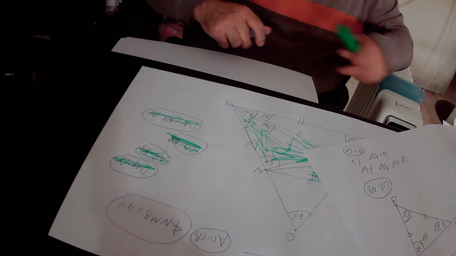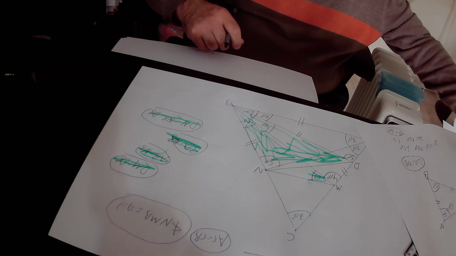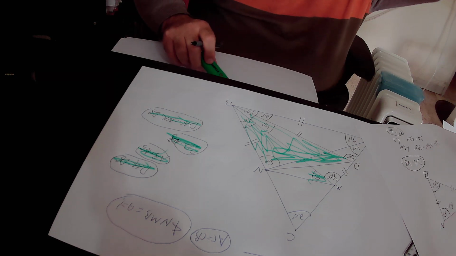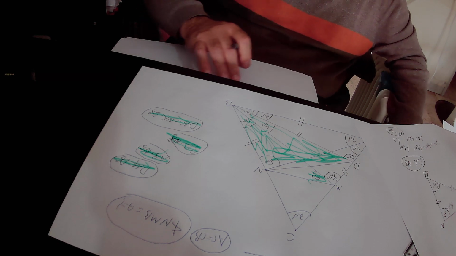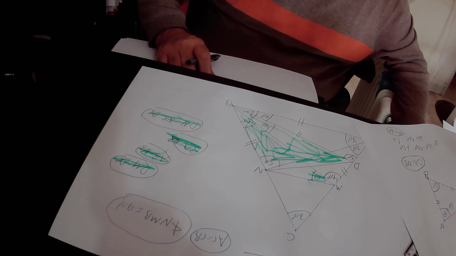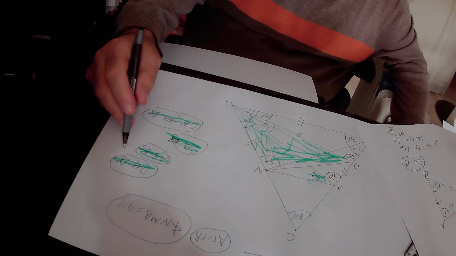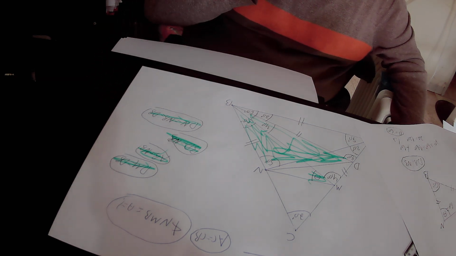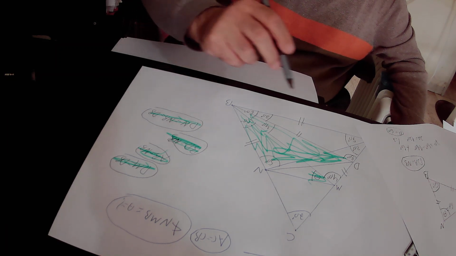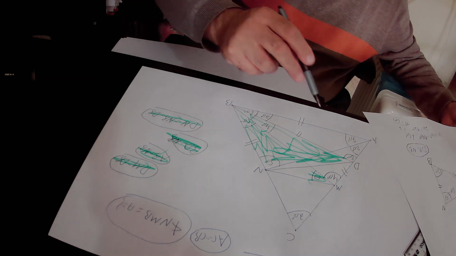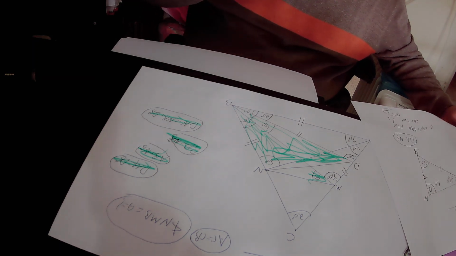Now, we found out that DM equals DB, and BD equals NB.